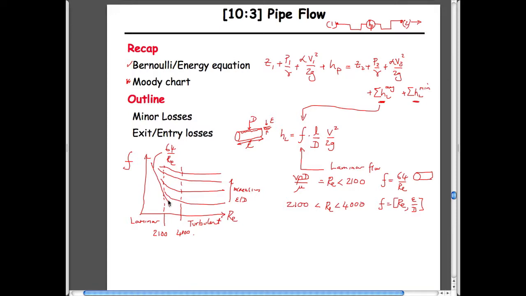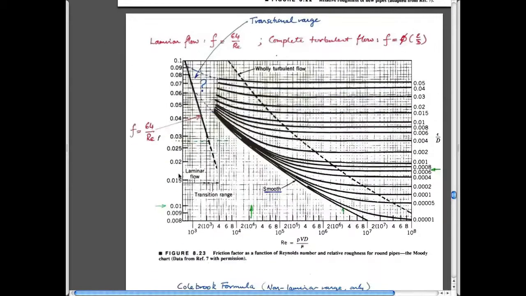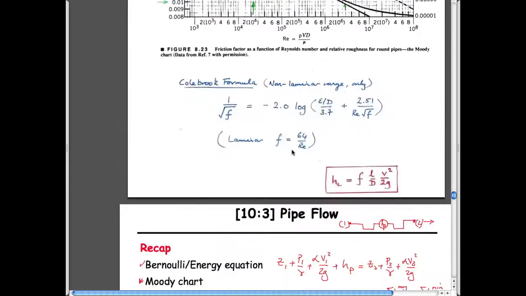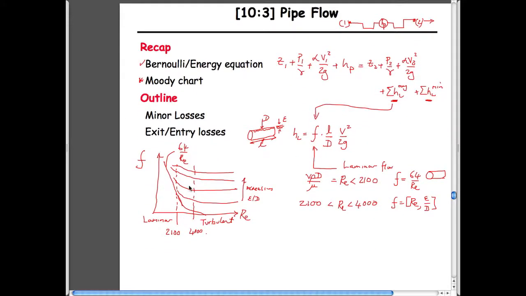And ultimately it kind of goes down here in this regime and goes off the bottom of the chart. In the mixed regime, you see that this graph has a slope. And so it's not horizontal, but it has some kind of changing slope as it goes through this mixed regime. And what that means then is that the friction factor is a function both of the Reynolds number as you go horizontally, but also a function of relative roughness.